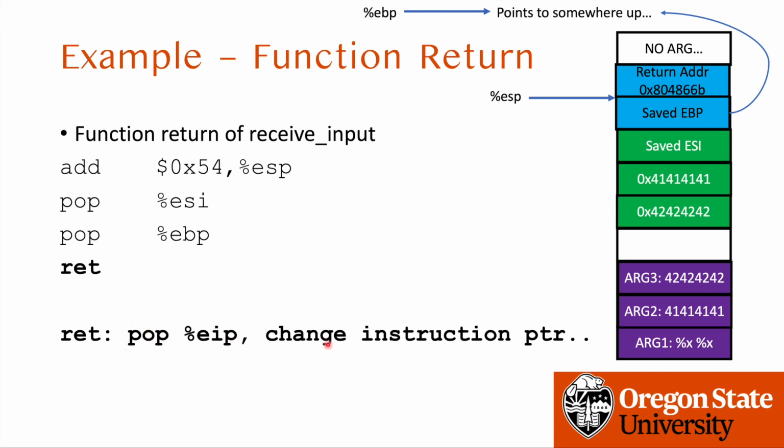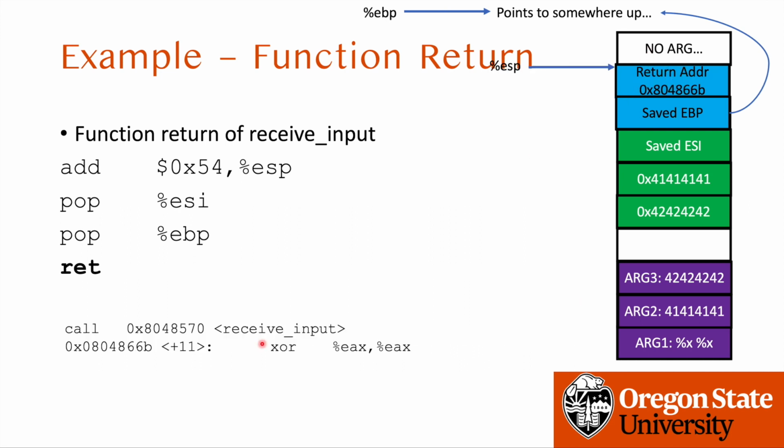So it changes the instruction pointer. We will pop this return address and put that into the instruction pointer. Then the execution continues at the point pointed to by the return address, which is 0x8048866b. And this is how call and return work. So after running the return instruction, we will return back to somewhere in the main function, right next to the call instruction of the receive input, and continue to execute.